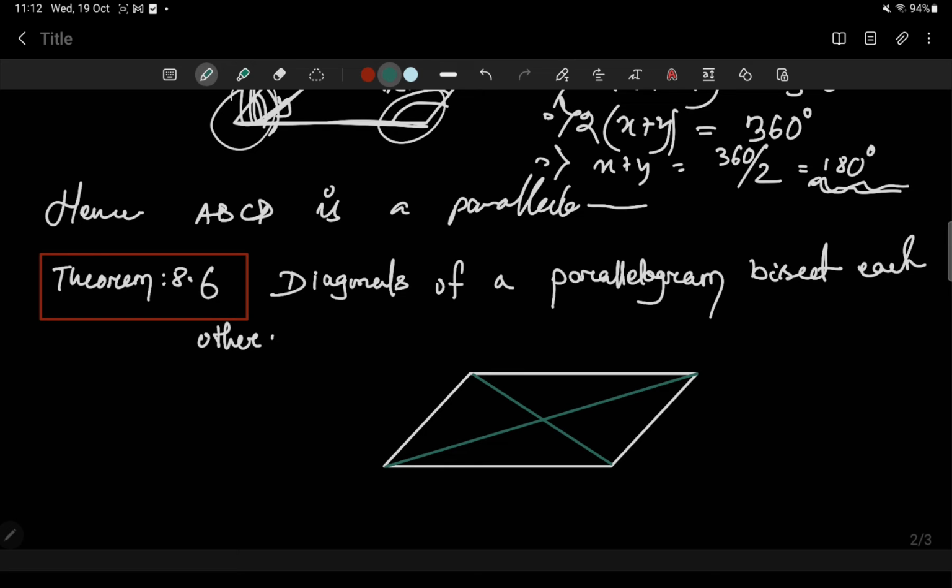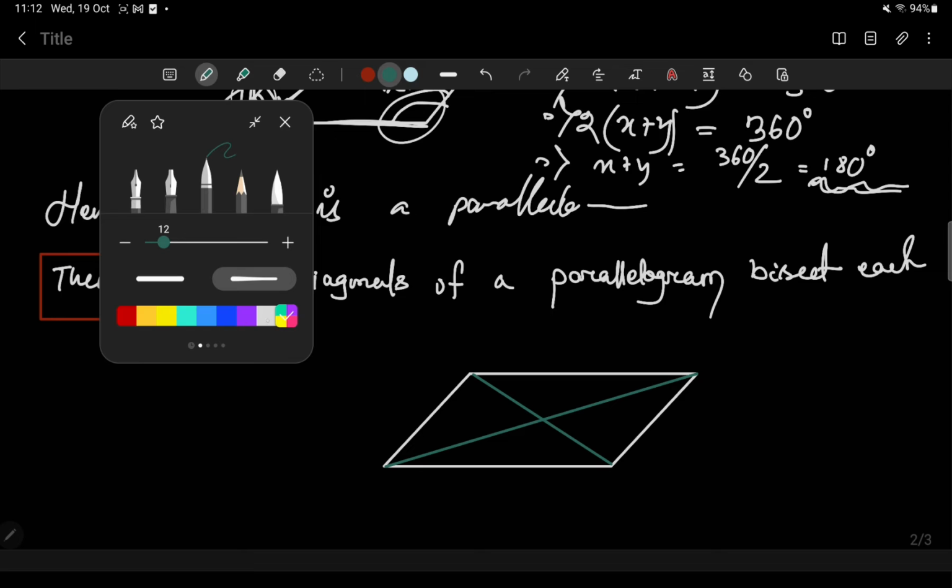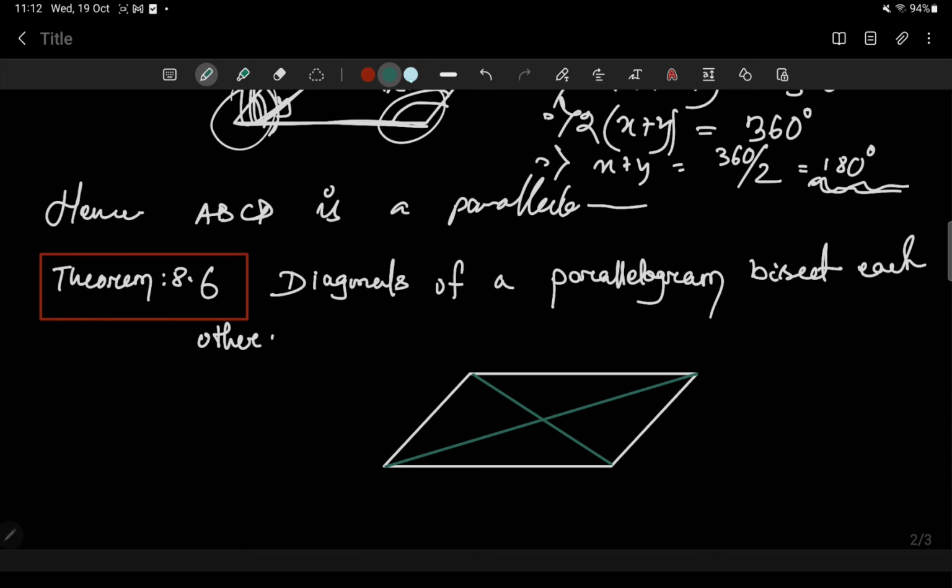Okay, so it's given that diagonals of a parallelogram bisect each other. Bisect each other means this equals to this equals to this, bisect. Okay, so let's name it A, B, C and D. So let's name it O.